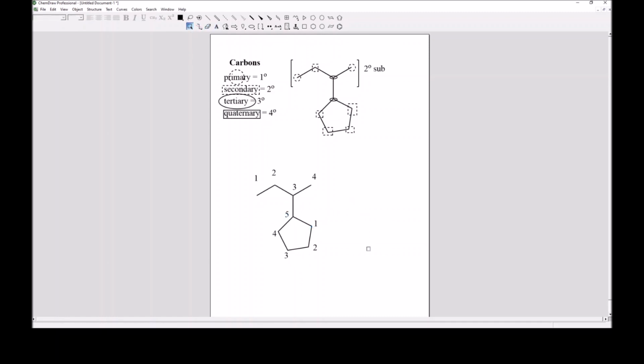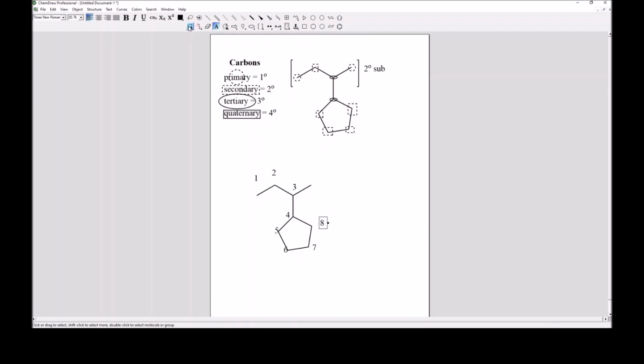Now, one of the things that you can't do, and sometimes students make this mistake, is you cannot count a parent chain into a ring system. So in other words, you can't think to yourself, well, my longest chunk of carbons would actually be 1, 2, 3, 4, and then you just keep going in the ring system, 5, 6, 7, 8.